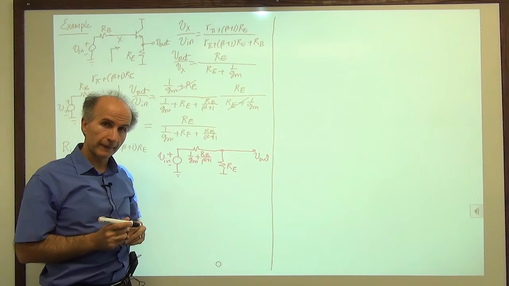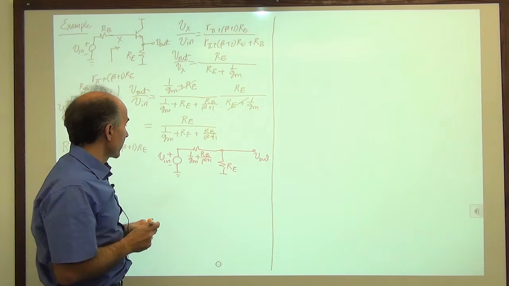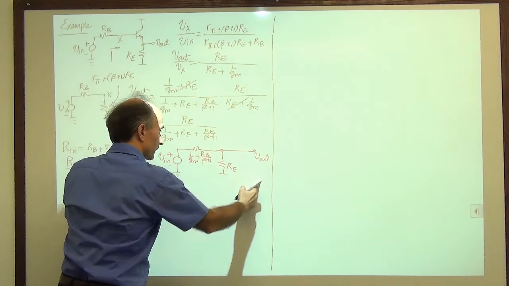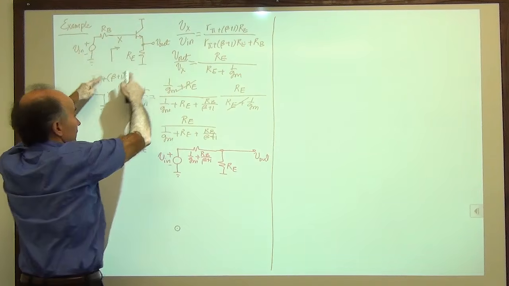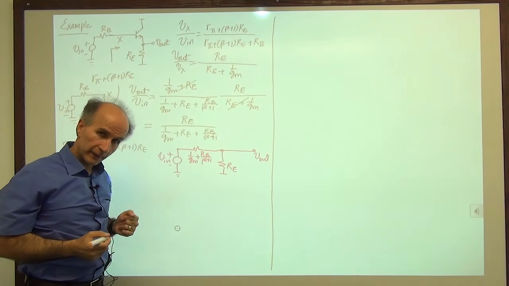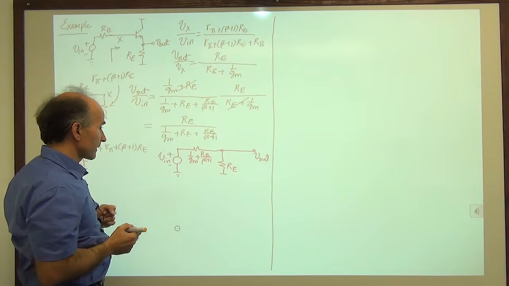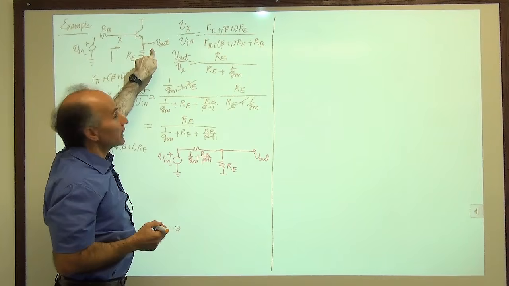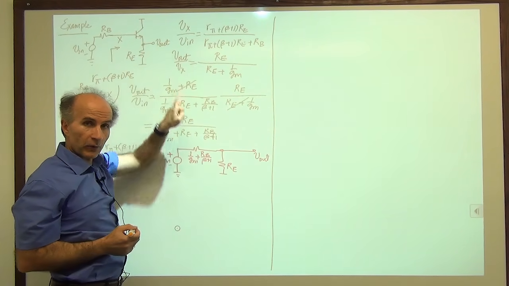So far so good, right? Now, for all practical purposes, I can say that this circuit represents this circuit. Do you agree with that? So if it does, then instead of finding the output resistance of this circuit, I will find the output resistance of this circuit.